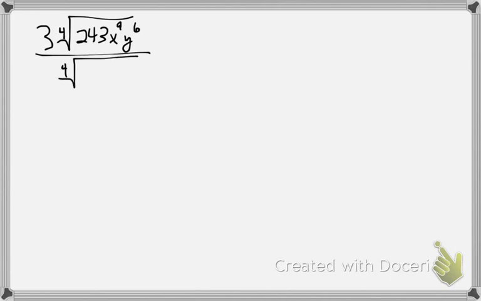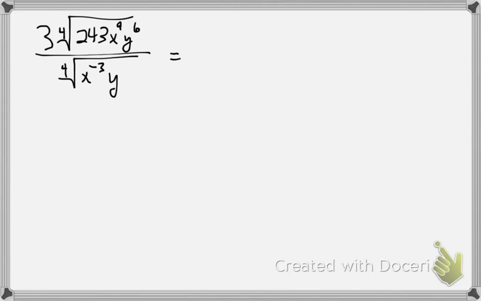So what if we level up? Let's say we have 3 times the 4th root of 243 x to the 9th y to the 6th all over the 4th root x to the negative 3y. So write it as one radical, right?